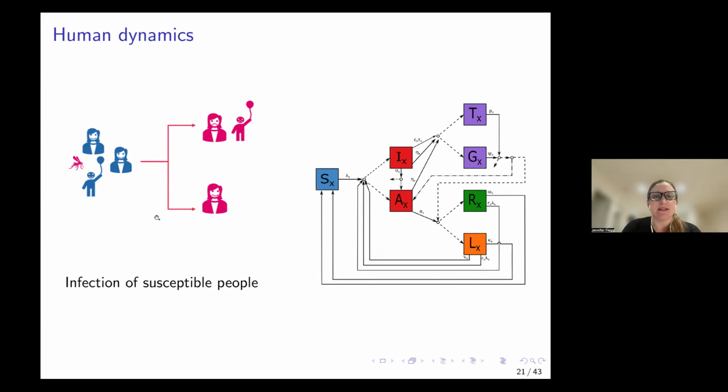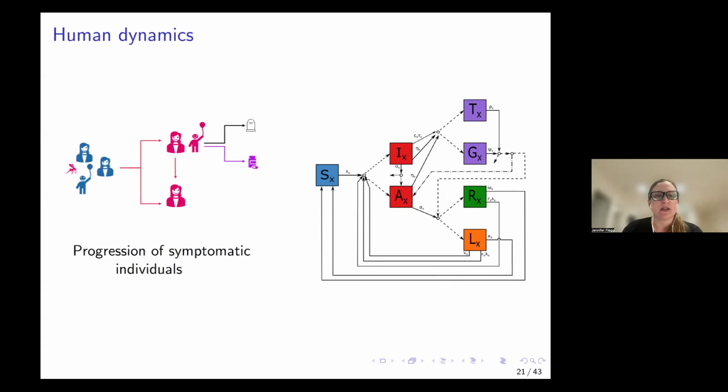The different types of human dynamics are as follows. Susceptible people can get bitten by a mosquito and become infected. Children are more likely to have a symptomatic infection, which is in the I class, rather than asymptomatic infection, which is in the A class, and is more likely for adults that have had previous exposure.